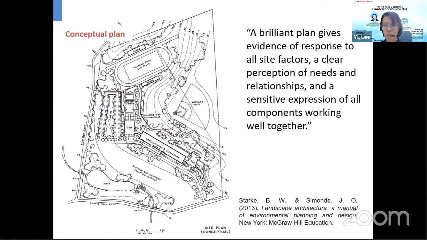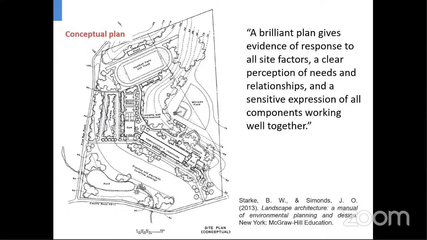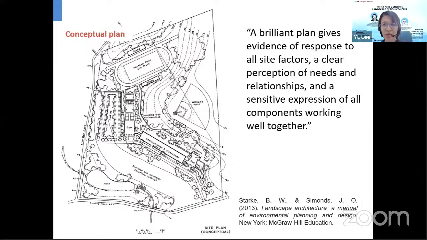But it's not just putting every single item on the plan. When you plan the diagram, there must be a relation. Let's say you put a parking lot next to the main entrance, is that reasonable? Think about that. The relation should be there.